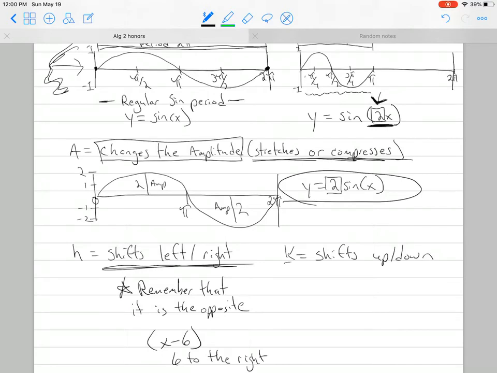And K gives me that shift up and down, and this is not the opposite. So if I have sine of x plus 4, that's going to shift up 4 spaces.